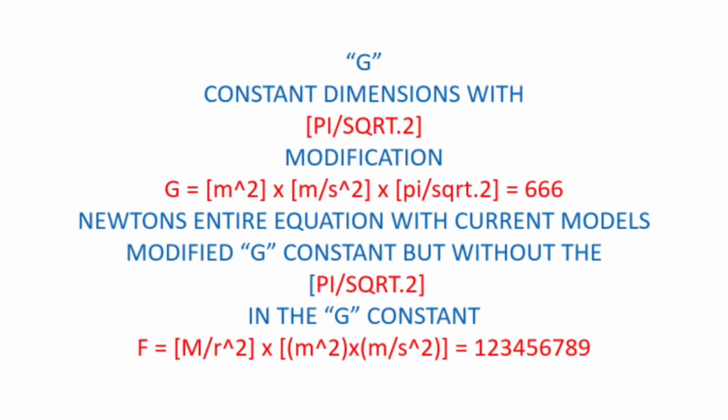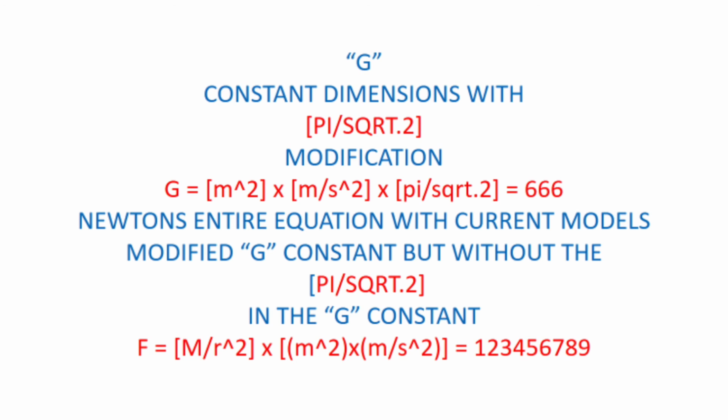It must be understood that on a fundamental harmonic Planck unit scale this modification of the G constant needs its surface acceleration product to be multiplied by pi over square root 2 in order to derive its mainstream accepted 6.626 value.